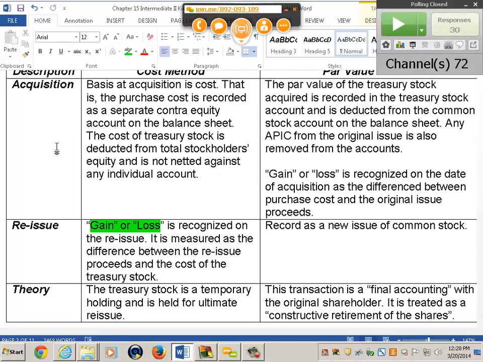This is ACE Limited. Let me move that up. Okay. Sorry, what was that question? Okay. So the par value method uses a contra account against common stock, whereas the retirement method takes it right out of the common stock account. Why? Shares are no longer issued.